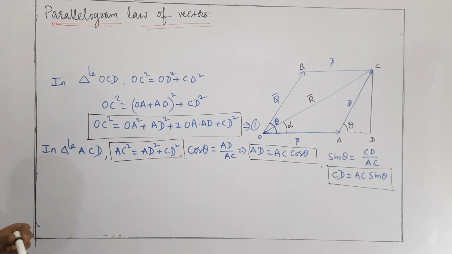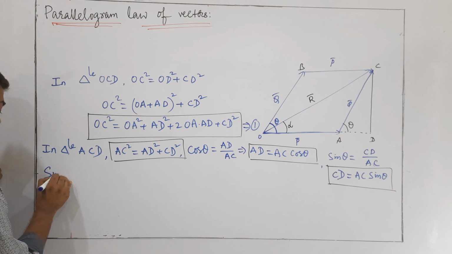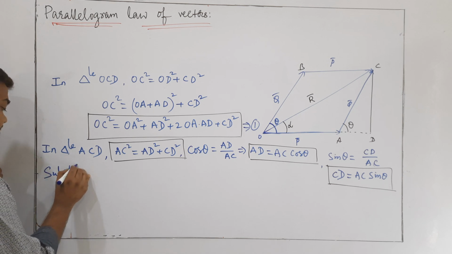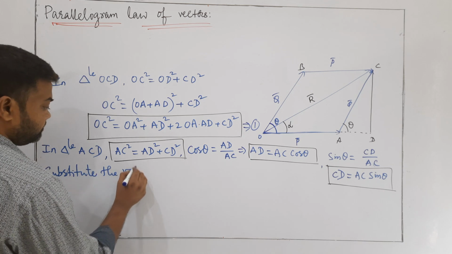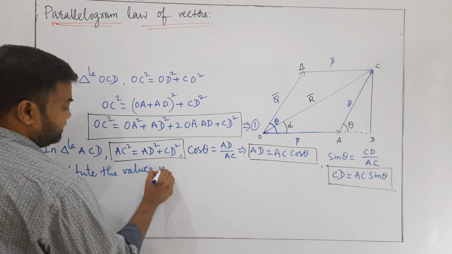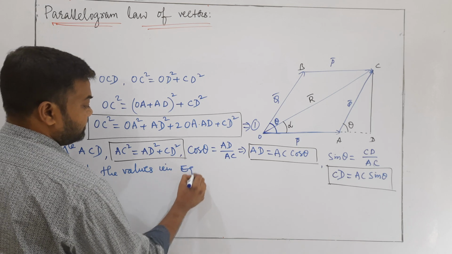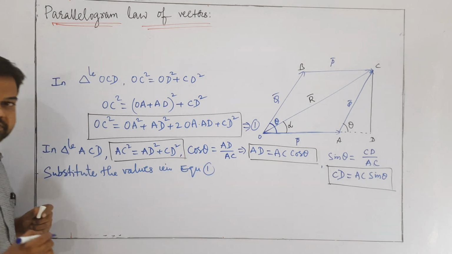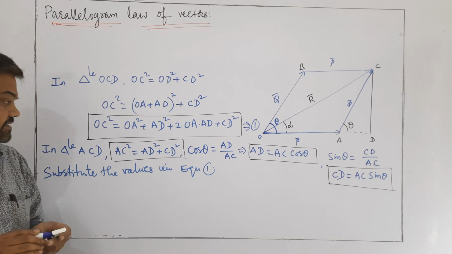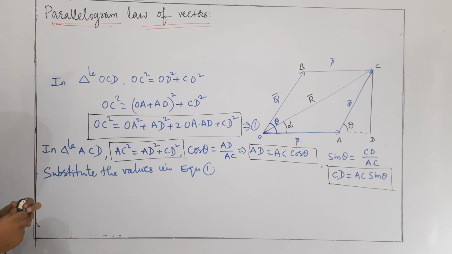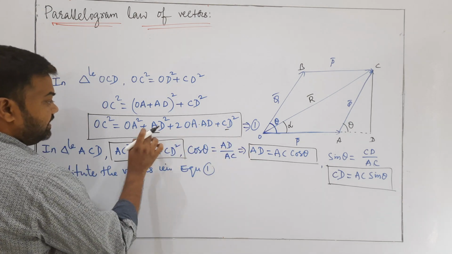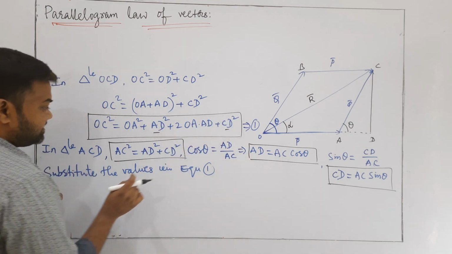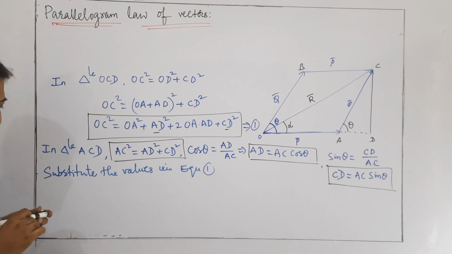Now you have to apply it. Substitute the values in equation 1. See, what is AD square plus CD square? Instead of writing AD square plus CD square, can I write AC square?